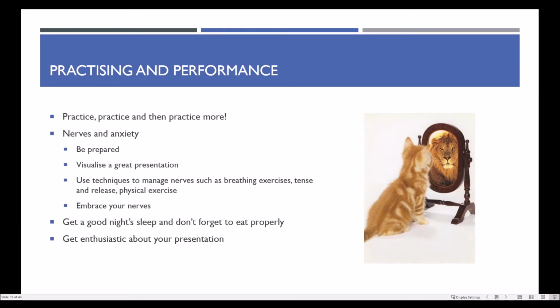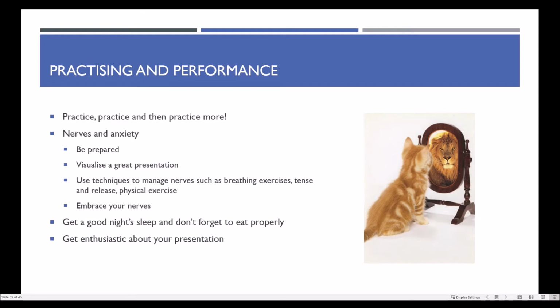And of course, it's natural to be nervous and anxious before a presentation. If we weren't nervous and anxious, we would probably be underprepared. We wouldn't have done due diligence leading up to it, and our performance would not be at the best that it can be. So recognize that those nerves are actually a positive thing, and we just need to harness those in the right direction.